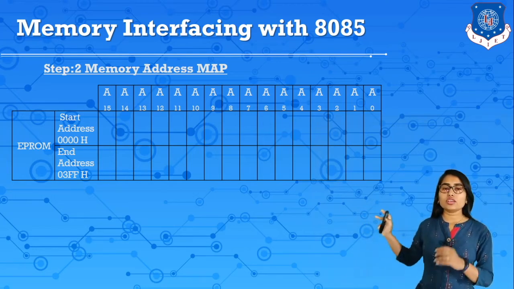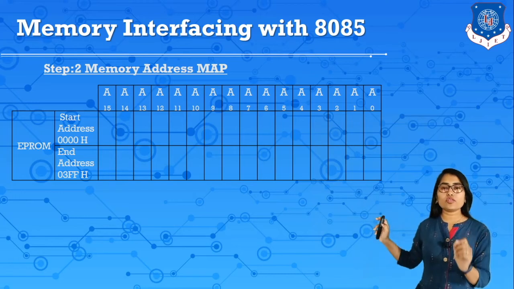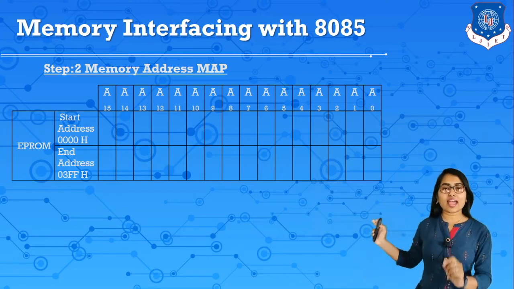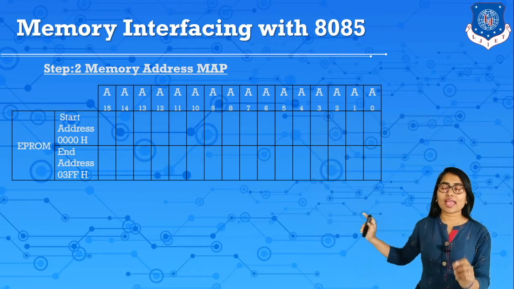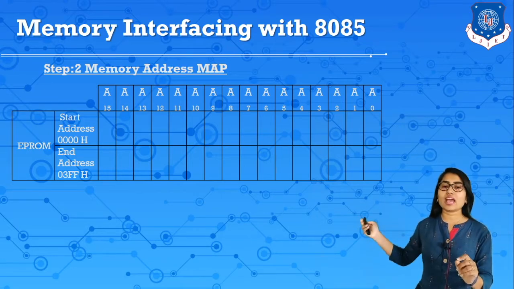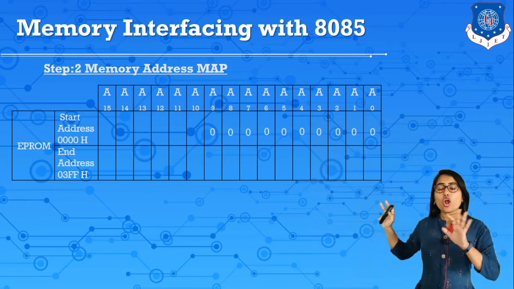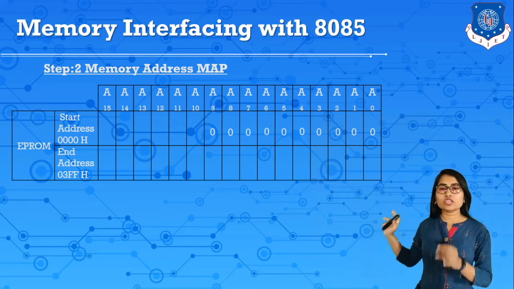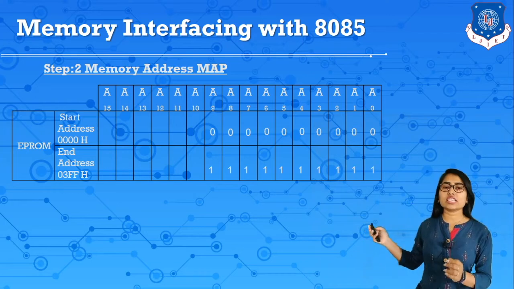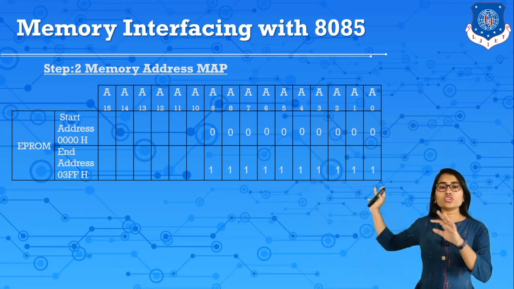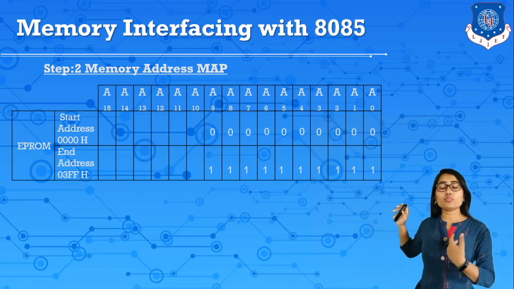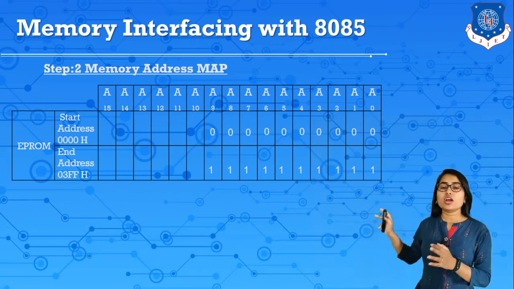Remember, in the EEPROM we use A0 to A9 as the address. The minimum value of A0 to A9 is all zeros, and the maximum value is when all bits are 1. This is the starting value and the maximum possible ending value.